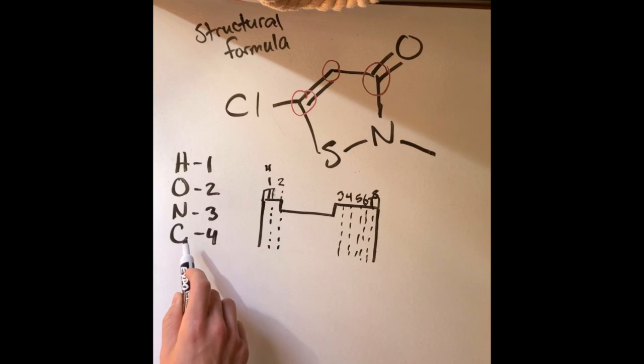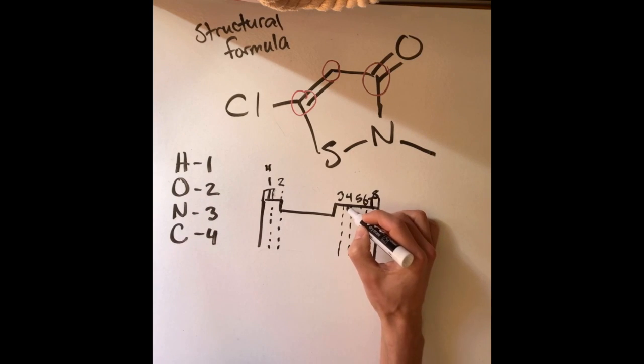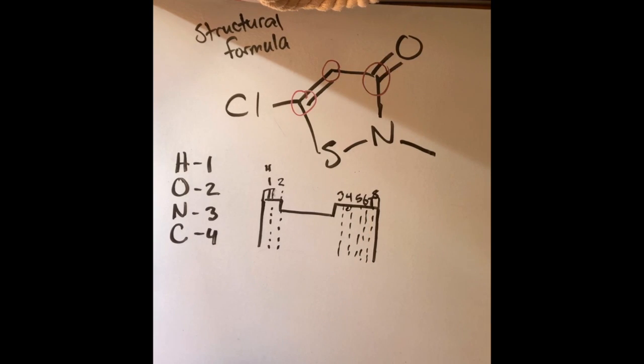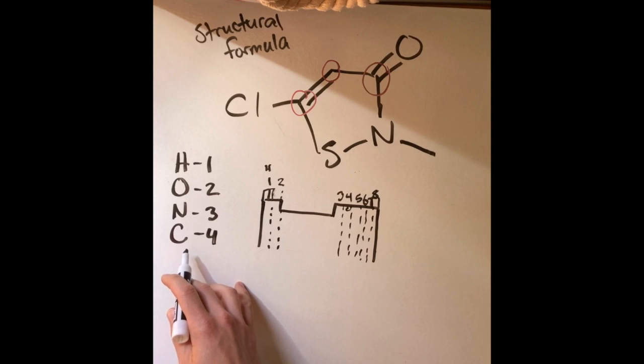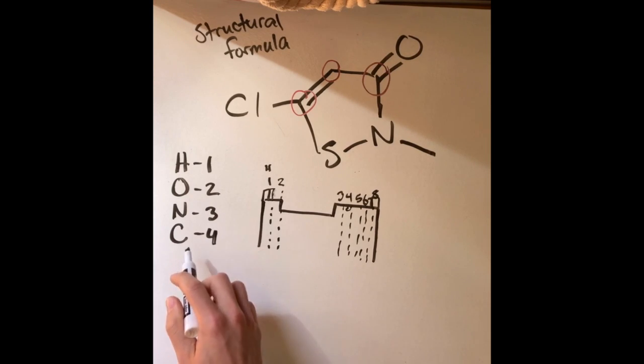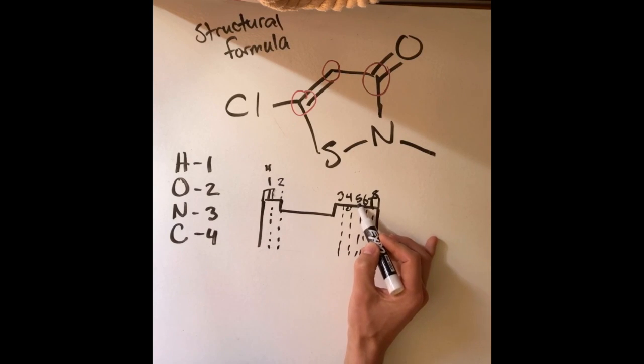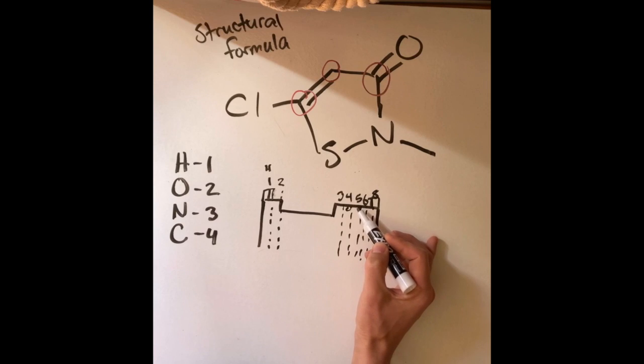Carbon, on the other hand, is in this group right here, and so it has 4 valence electrons. And as you probably noticed in the collisions game, carbon has 4 valence electrons, and so it can make 4 single bonds. You might have also noticed that nitrogen has 5 valence electrons, but it's energetically stable when it has 8 valence electrons.